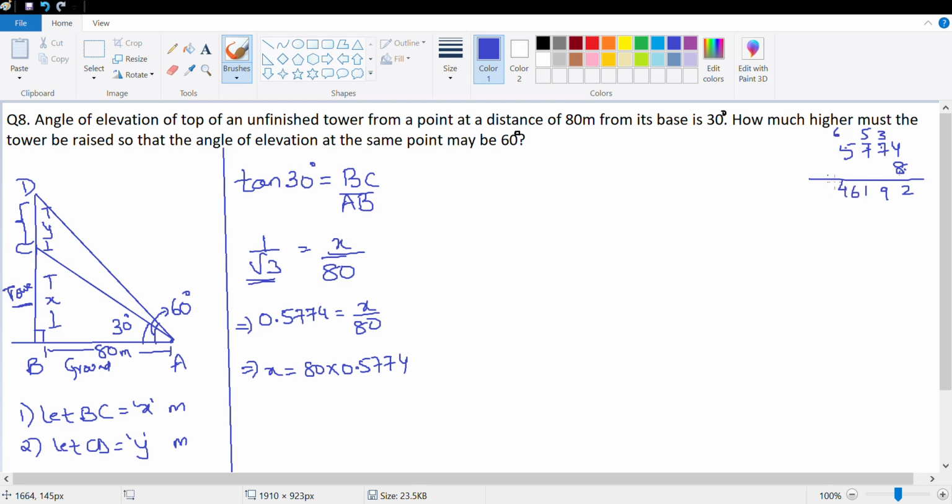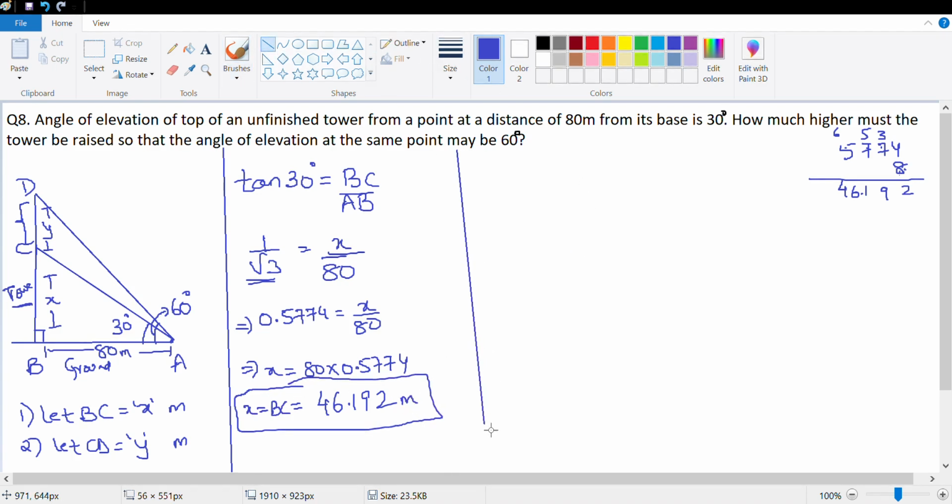So that's 46192. How many decimals? 4, but 1 goes, which means 3 decimals. So this is 46.192. Therefore, X is equal to BC is equal to 46.192, and let's not forget the unit.